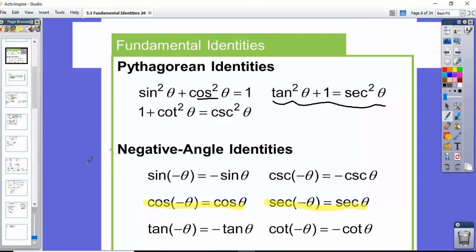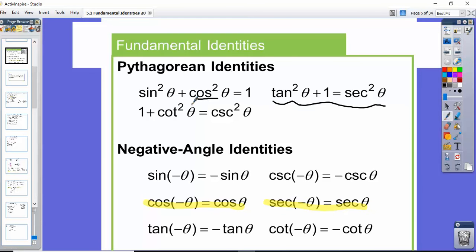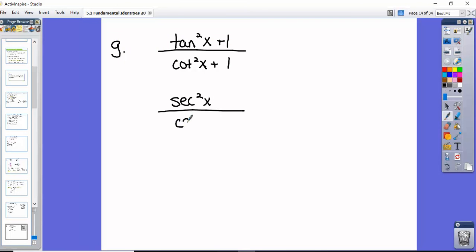Tangent squared plus 1 is secant squared. Cotangent squared plus 1 is cosecant squared. I don't really know what to do from here, so now I'm going to go to sines and cosines.